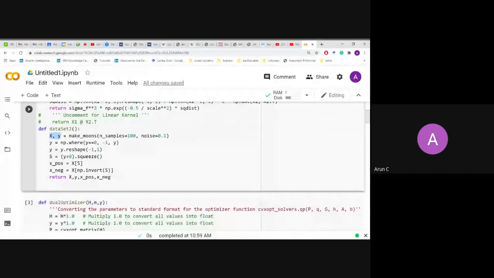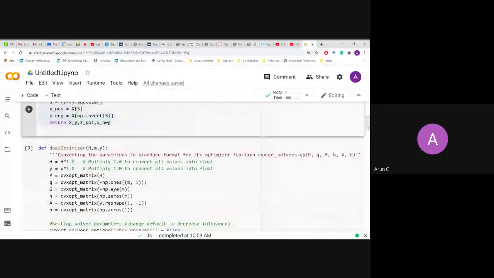You are labeling some as positive and some as negative. I did this long back, so you just go through it and you will get to know what is there.